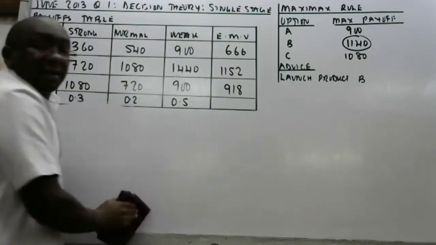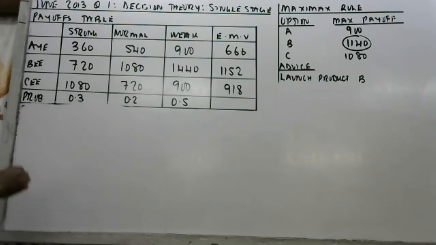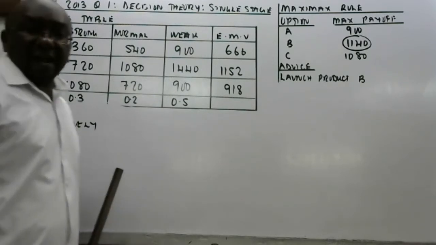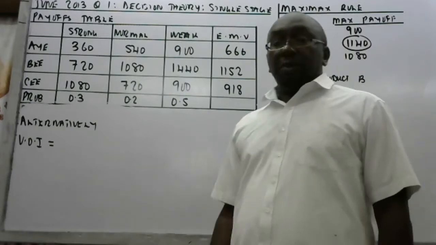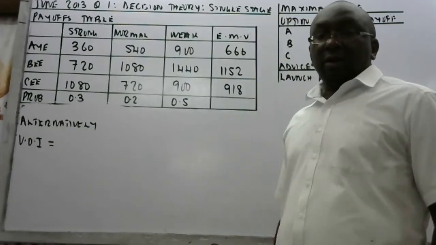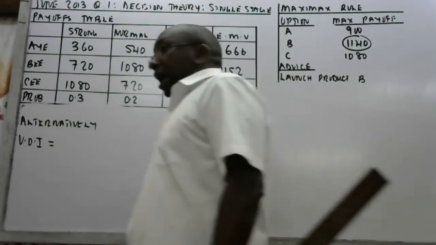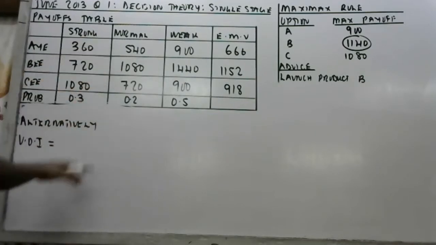Alternatively, if they require the value of information and you have not prepared the table, like what this question had required initially, you just need this original table. And when you get there, you take the highest in each outcome.